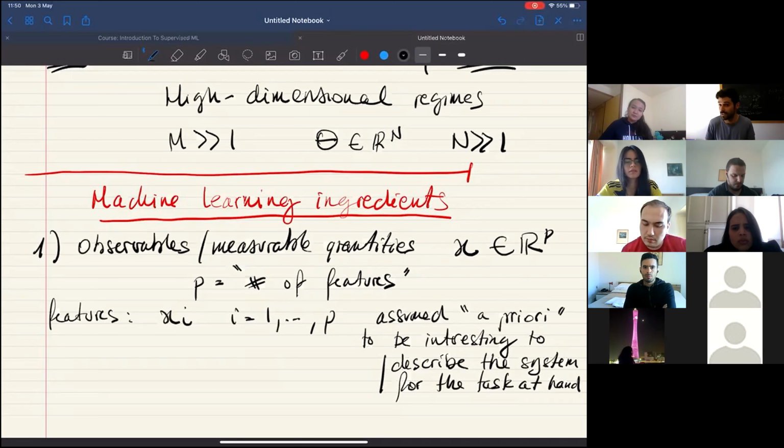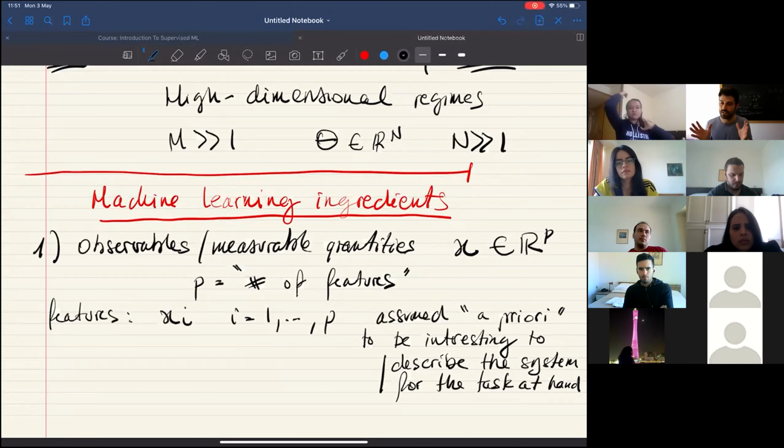You could measure that, you could ask these questions, but it looks totally irrelevant. You would not gather these pieces of information because they seem not connected in any way to the presence or not of a cancer. And I would tend to agree with you. So you will not call these features and you will just not measure them. The features are what you gather and think may be connected in some way to what you want to predict.